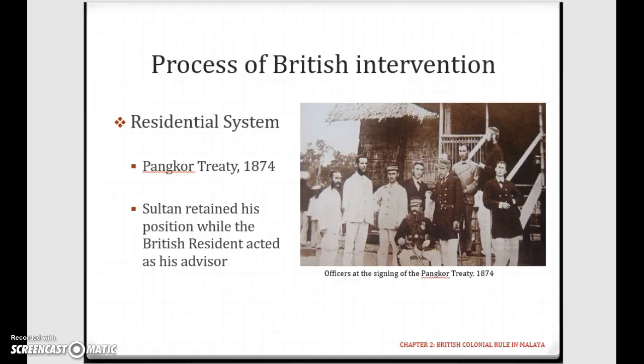As a result, he tried to change too many things too quickly. Of course, this upset the Malays a lot, and they realized that this guy looked very insensitive and ignorant to Malay culture and customs, and so therefore, he was murdered.